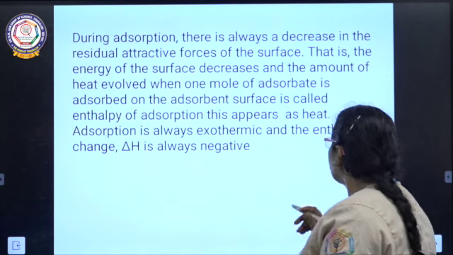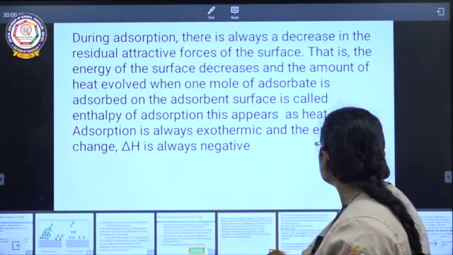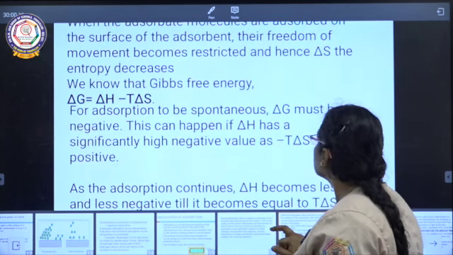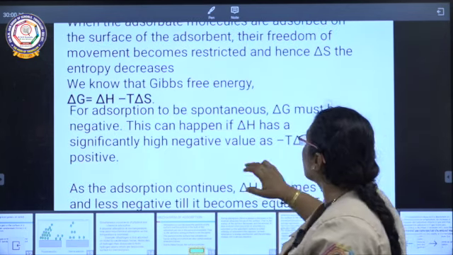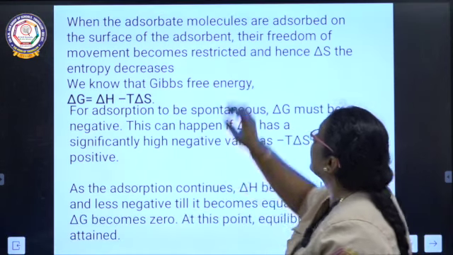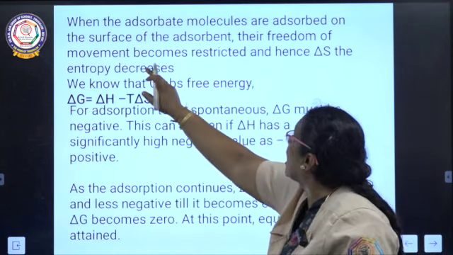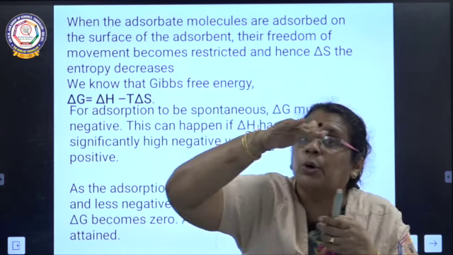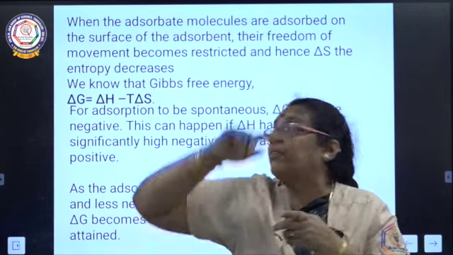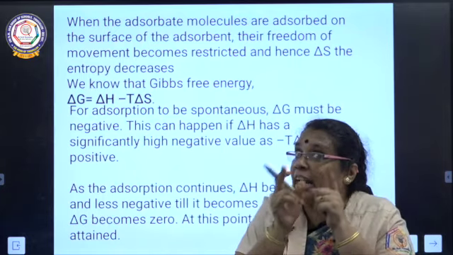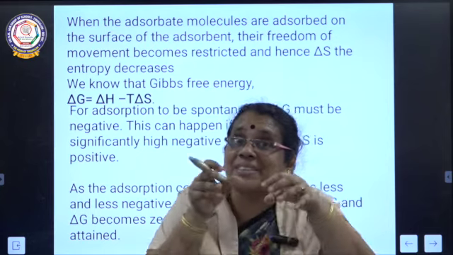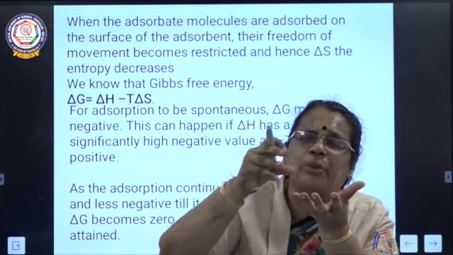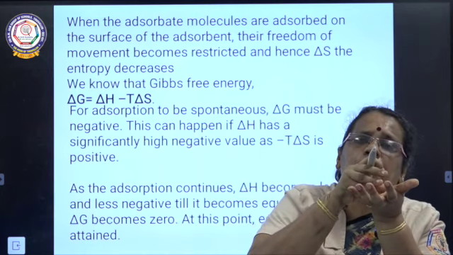The next one: we are going to see when the adsorbate molecules are adsorbed on the surface of the adsorbent. Already told you, where are the adsorbate molecules? They are at the surface of the adsorbent. Their freedom of movement, what is happening? Restricted. What is happening to the movement of the particles during adsorption?